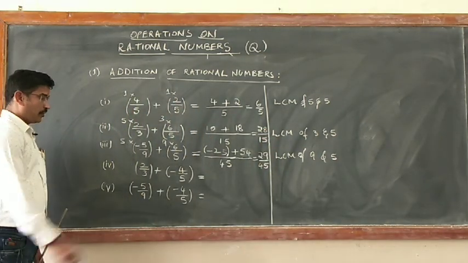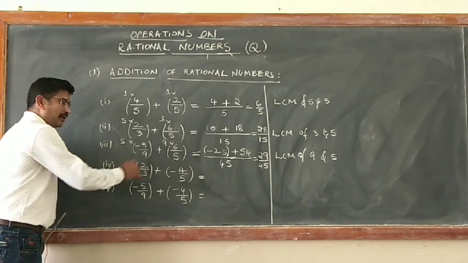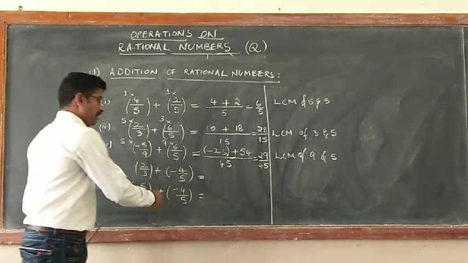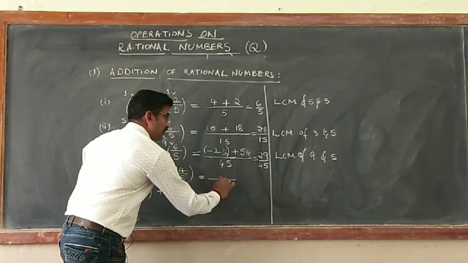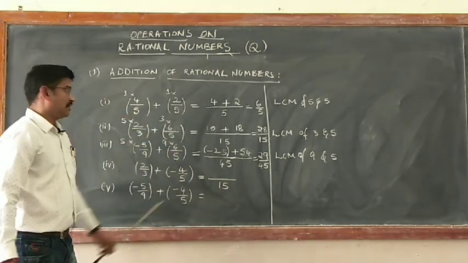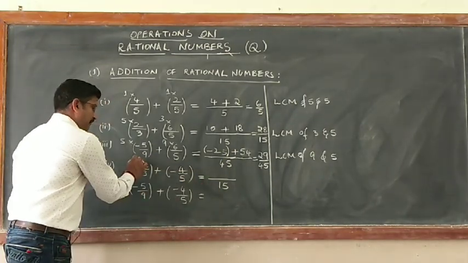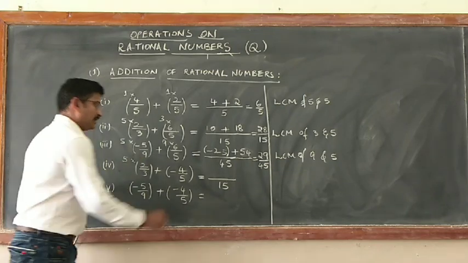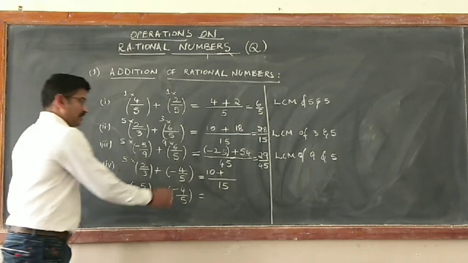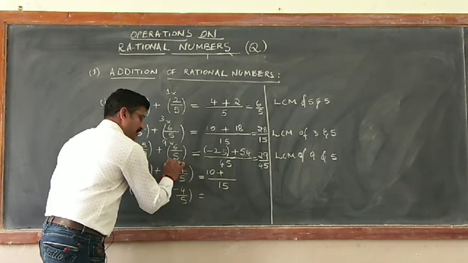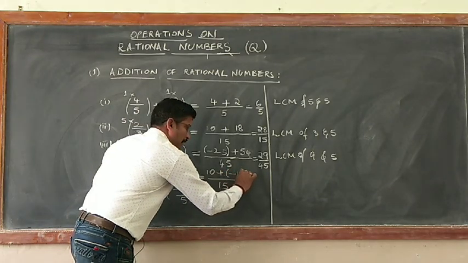Now, we are going to learn how to add one positive rational number with another negative rational number. Similarly, we will find out LCM of 3 and 5. LCM of 3 and 5 is 15. Here we have, see, 3 in 15 for 5 times, 5 2s are 10, addition sign, and this 5 in 15 for 3 times, 3 minus 4s are minus 12.